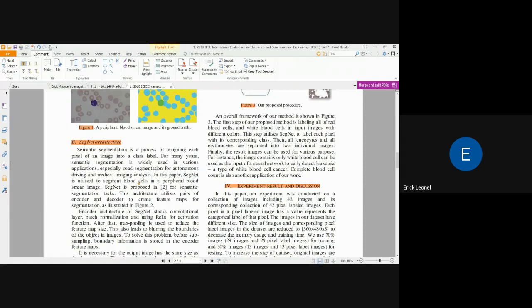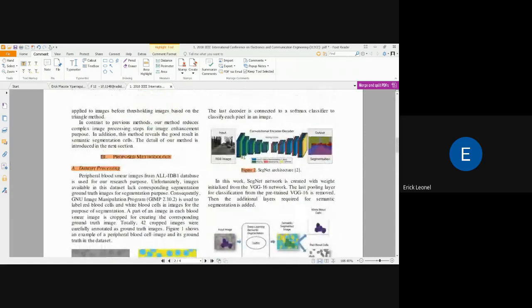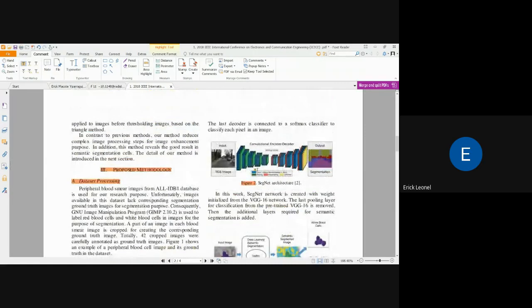About SegNet architecture, it is shown in Figure 2, utilizing a pair of encoder and decoder to create feature maps for segmentation. The encoder architecture stacks convolutional layers, batch normalization, and uses ReLU, rectified linear unit, as the activation function. After that, max pooling is used to reduce the feature map size.